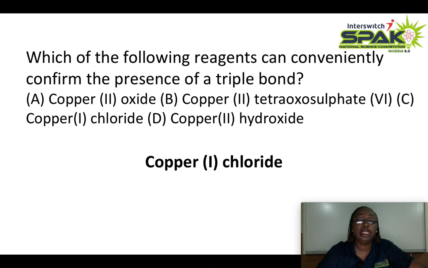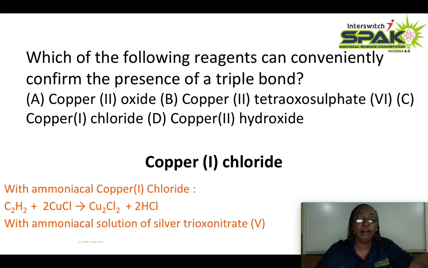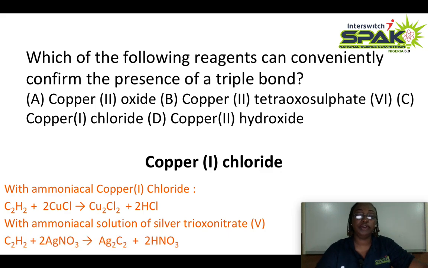These 2 reagents can be used to differentiate a triple bond from a double bond. Both of them can be used to identify triple bonds. Alkenes do not undergo this reaction. Only alkynes undergo this reaction.